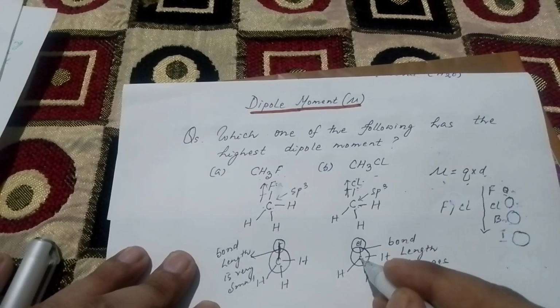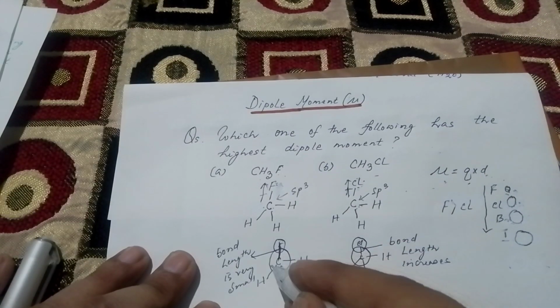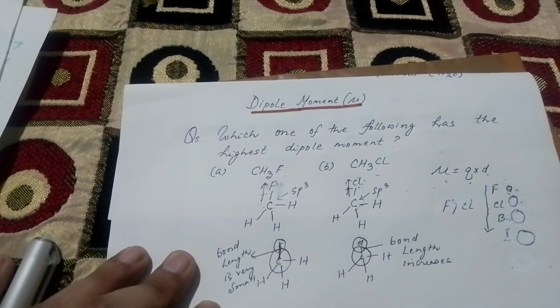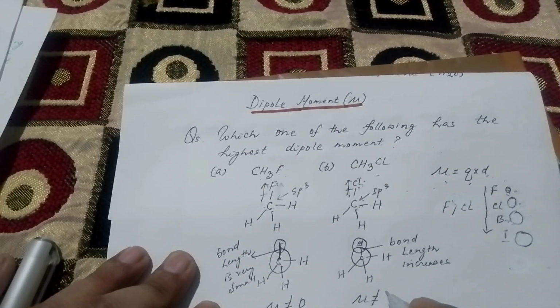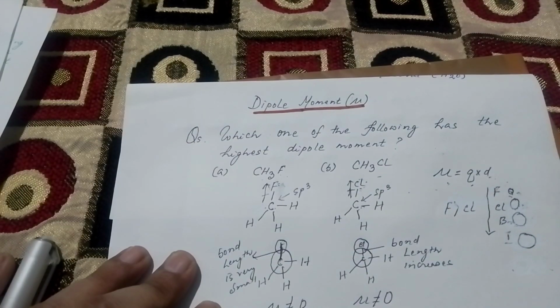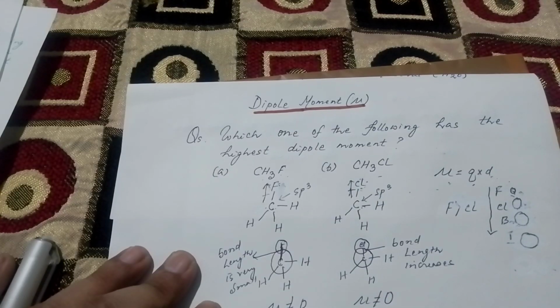Here the bond length of C-Cl is larger than that of C-F. Both of them have a dipole moment, no doubt, it is not equal to zero. But methyl chloride has a higher dipole moment than methyl fluoride.